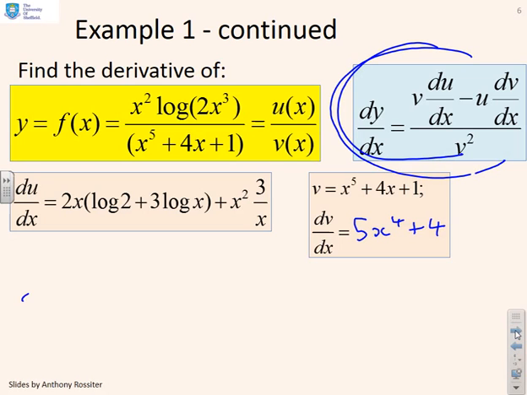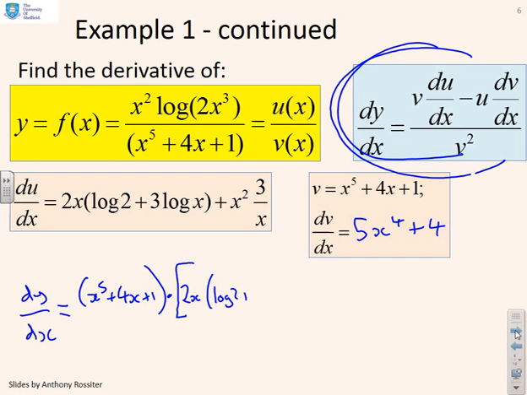So I'm going to get that dy/dx equals, so we start with v, which is x to the 5 plus 4x plus 1, times du/dx, and I know this is quite a long term, so we're going to run out of space, but we get 2x into (log 2 plus 3 log x) plus 3x. So that's v du/dx, and then we're going to get minus u.